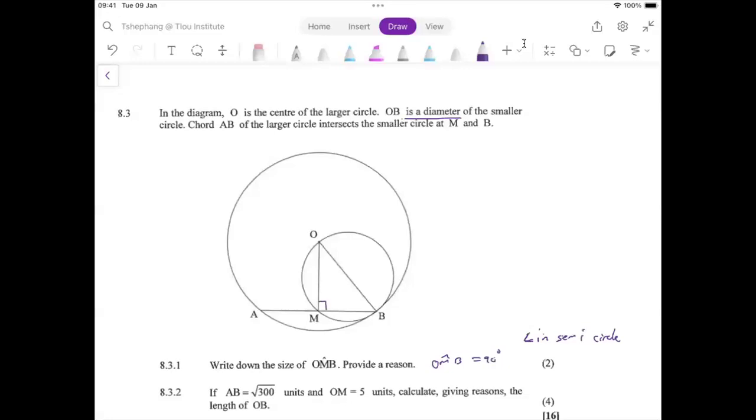But what we can say is the line from the center bisects the chord at 90 degrees, because the line from the center is OM, right? Because it does bisect. But actually we can't use that because we don't know if it bisects at the moment. They did not say that it bisects that chord. So the safest one to use is 90 degrees, angle in a semicircle.